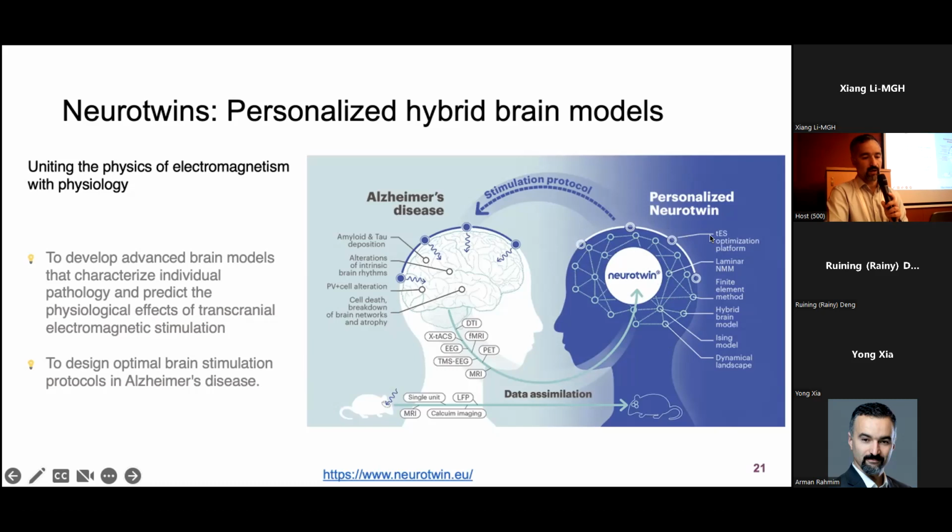You could ultimately come up with an optimal stimulation protocol for therapy, for example, of Alzheimer's disease. And once you optimize that, you try it on the patient, doing, for example, new imaging, new information, you could go back. So it's a loop.